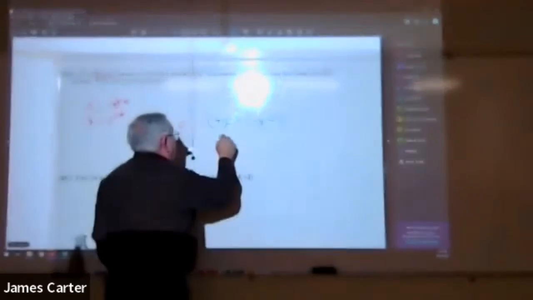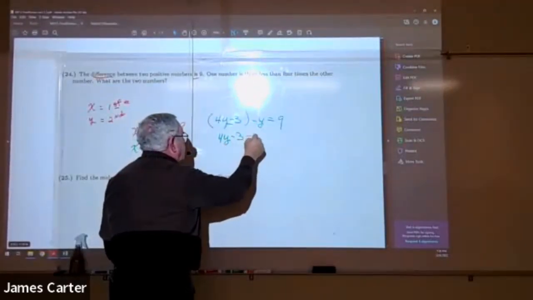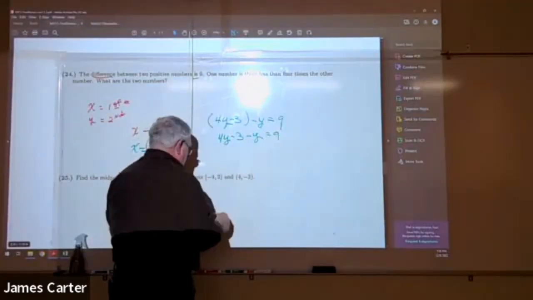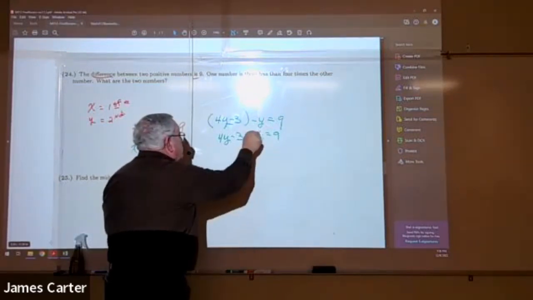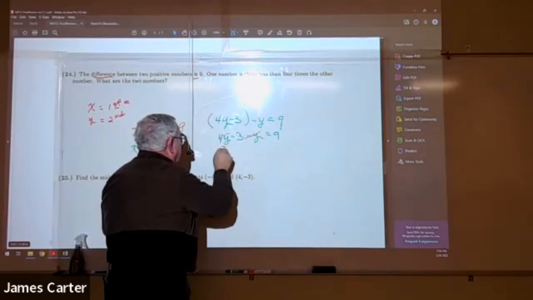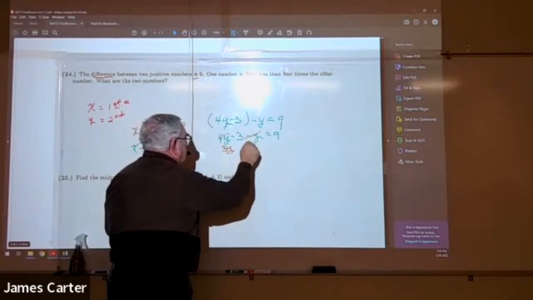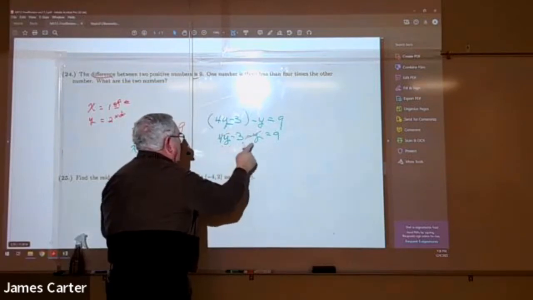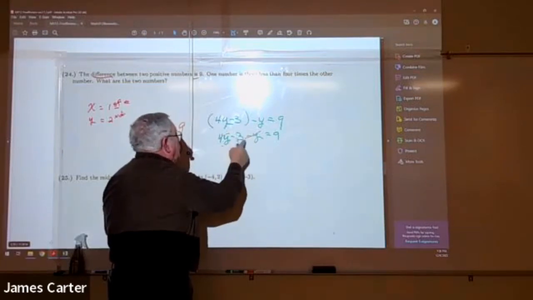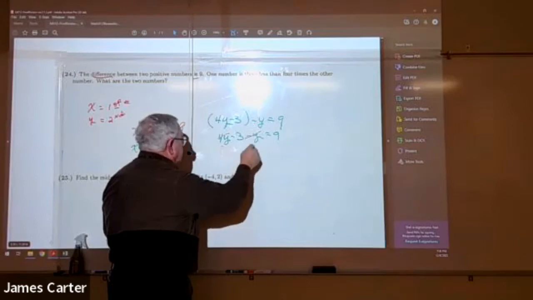Or in other words, 4Y minus 3 minus Y equals 9. And these two, this one gives you 3Y here. Actually, I should show plus. No, it doesn't. It gives you 5Y. No, it doesn't. They're on the same side of the equal sign. I better watch what I'm saying.